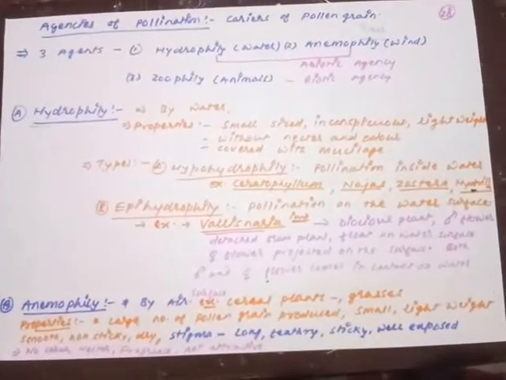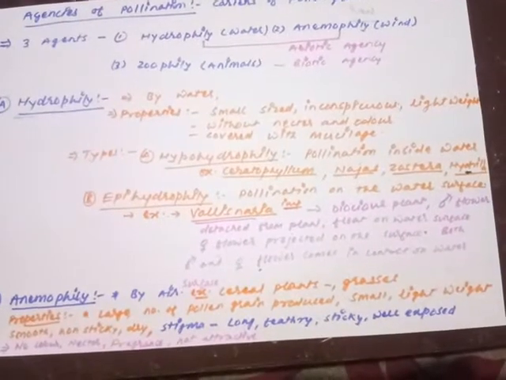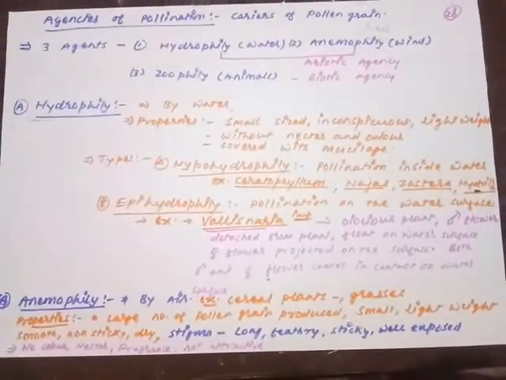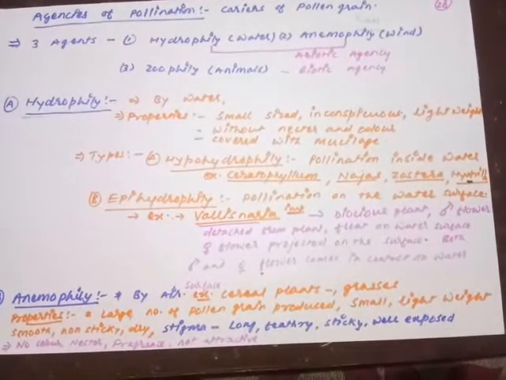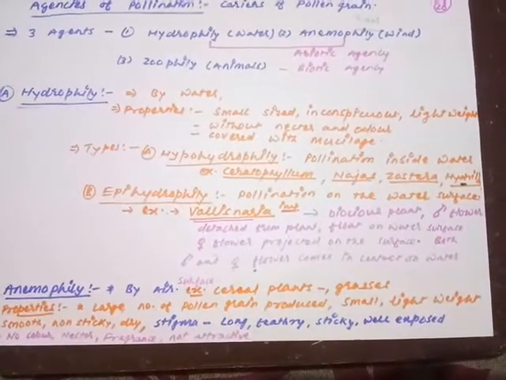So till now, what we have discussed is that three types of agencies are there. Hydrophily means pollination with the help of water, anemophily with the help of wind, zoophily with the help of animals. In hydrophily, the pollen grains are very small, light weighted, without nectar and color.